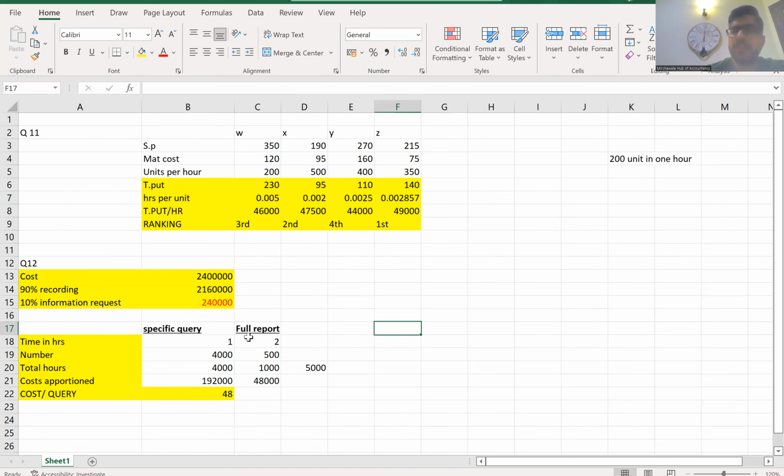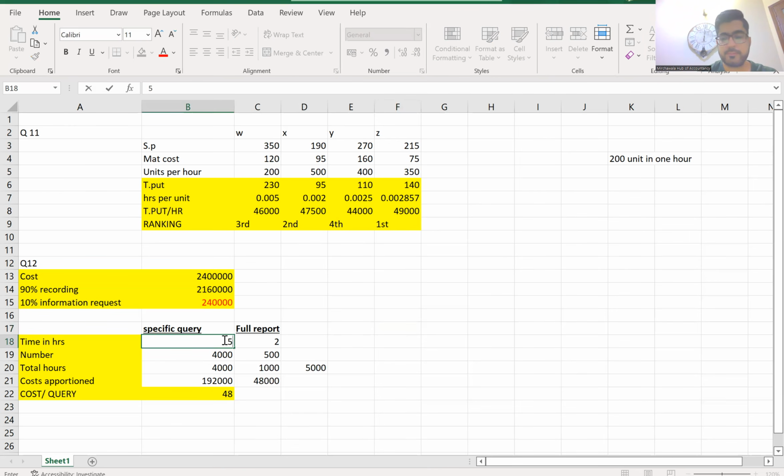Now, even if you put any hours, the only thing is that a full report takes twice the hours. So you put a specific query takes 5 hours, 10 hours, still you get 48. A specific query takes 20 hours, a full report takes twice, 40 hours, still 48. A specific query takes 3 hours, a full report takes 6 hours, still 48.